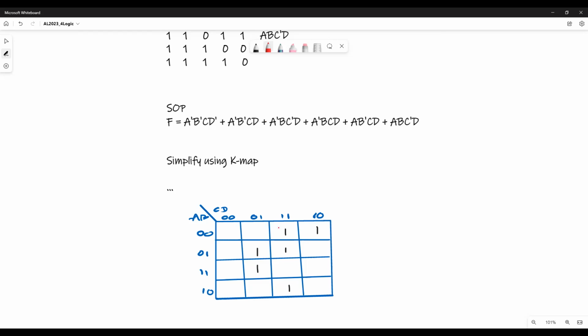So now to do this, we can think about how to group them. Remember, when you're grouping, make sure that, for example, in this one, we can combine these 2. Yes.